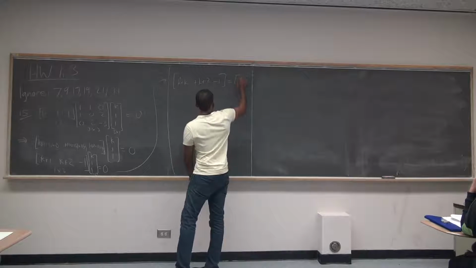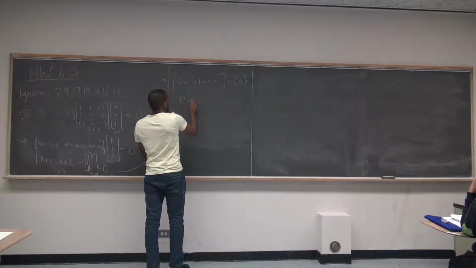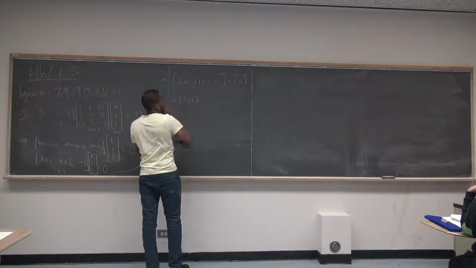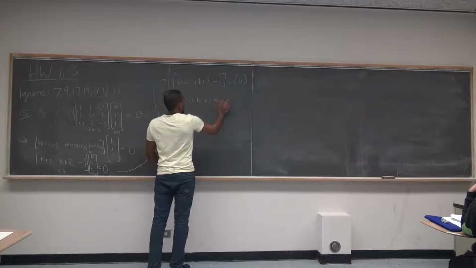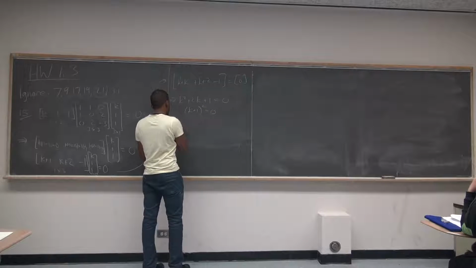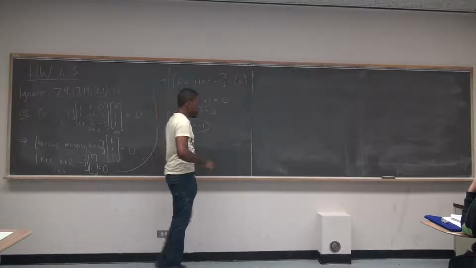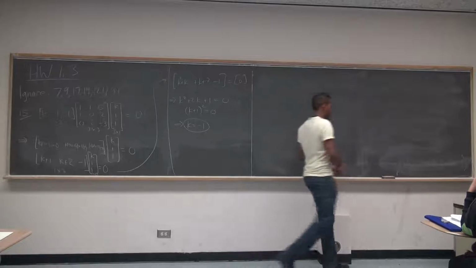That should be 0. So basically we have k squared plus 2k plus 1 equals 0, which means that k plus 1 squared must be 0. This means k has no choice but to be minus 1. Other questions?